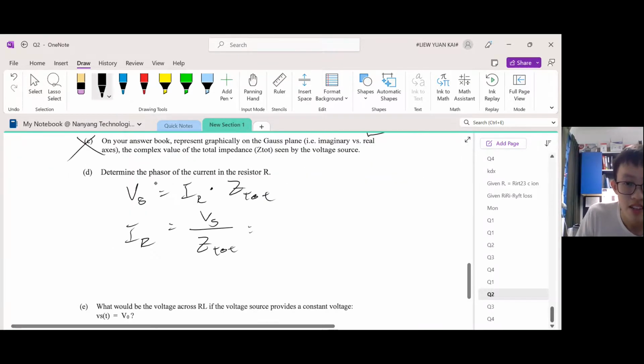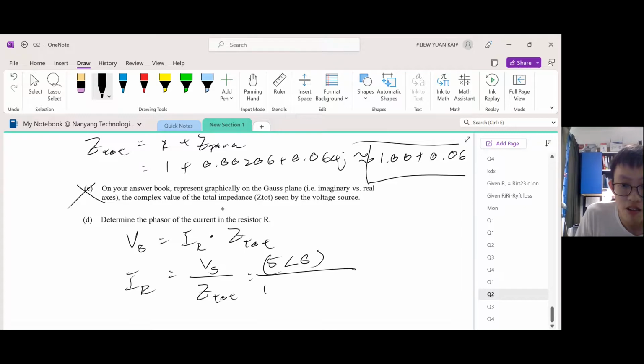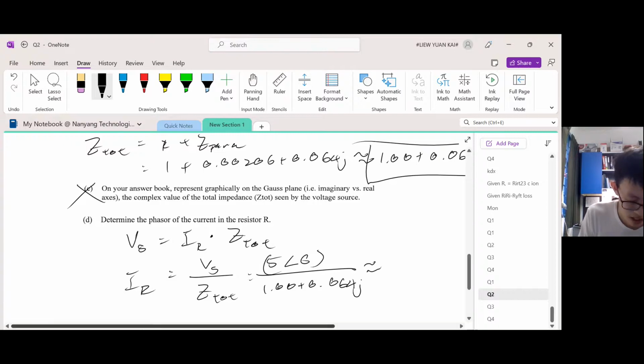So you go back down here, you change it to a phasor, and then you divide by the Z total that we got, the 1.00 plus 0.064 j. Punch this in your calculator.